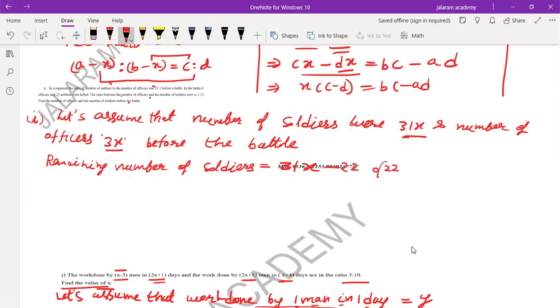We write the reason also: 22 were killed in the battle. So it is decreased by 22. So 31x minus 22 is the new number of soldiers, the remaining number of soldiers.